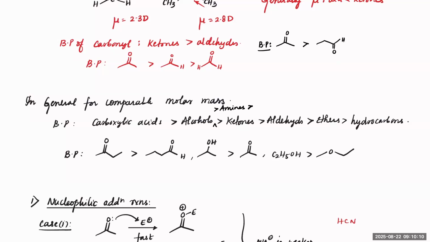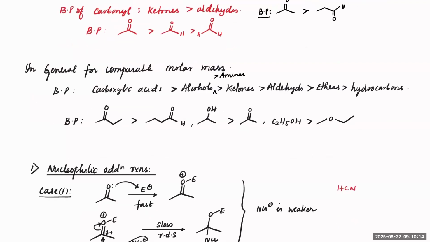So in that case, what you would find is carboxylic acid will have the highest boiling point because it will have strong hydrogen bonding. Then alcohols will also have a good amount of hydrogen bonding. Then amines will have some amount of hydrogen bonding. Thereafter, you will get ketones, aldehydes, ethers, alkyl halides, then hydrocarbons. Okay, so this is the typical order which you will find.